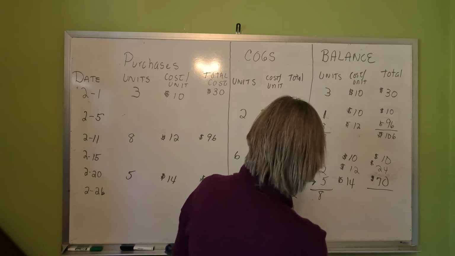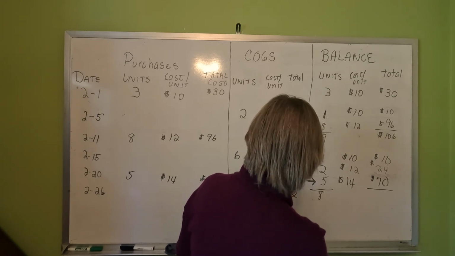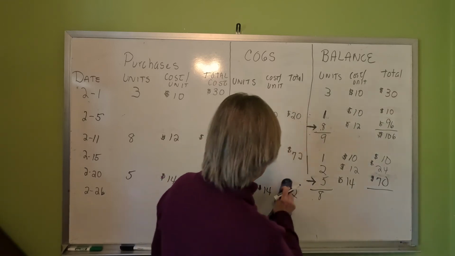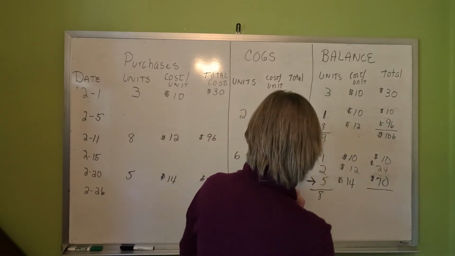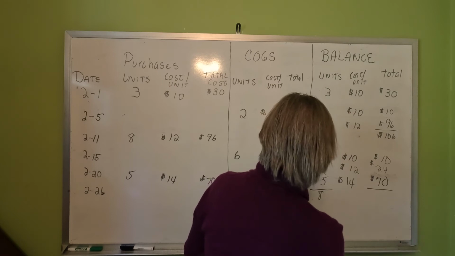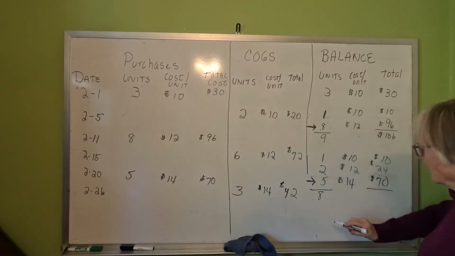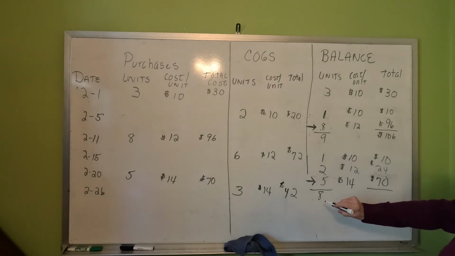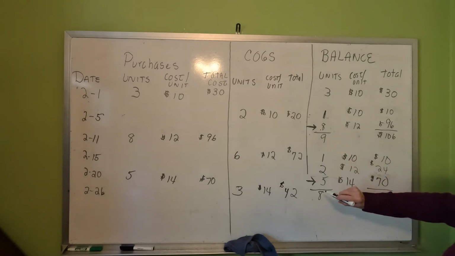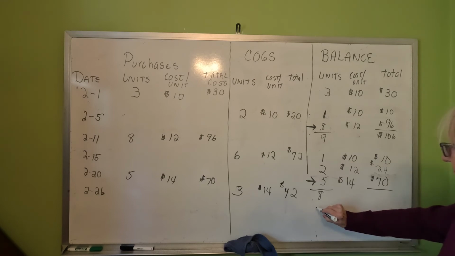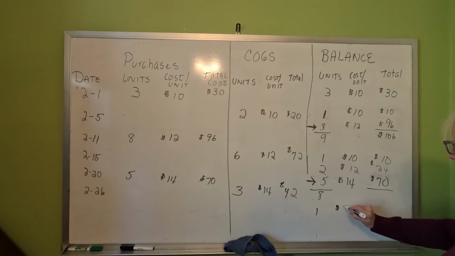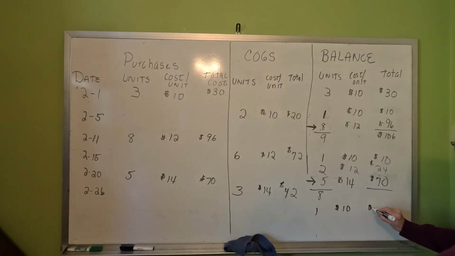So 3 times 14, let me get the math right here, is 42. Okay, so then when we go to figure our balance, the balance of our ending inventory is we still have the 1 at 10 for 10.